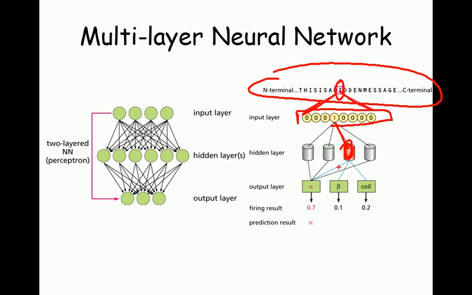Then the output layer will generate numbers that correspond to the prediction from this neural network. These are continuous outputs, and you would take the one that's the largest and use that as the neural network's prediction. For this example figure, the neural network predicts this I to be an alpha helix.